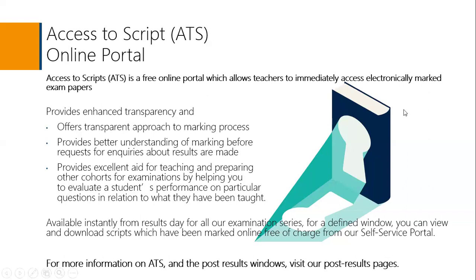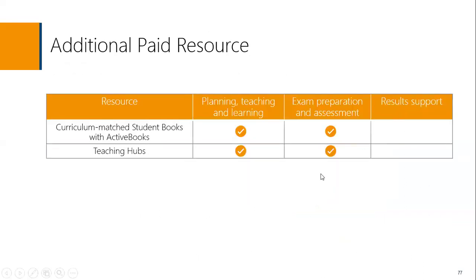In addition to that, Pearson produce resources that you can pay for, that you can buy. There's the curriculum matched student books with active books, so that gives them access to further information online, and there are teaching hubs. These resources are designed for anyone following the latest Pearson International GCSE who want the best preparation for exam success and progression to the next level of their studies.